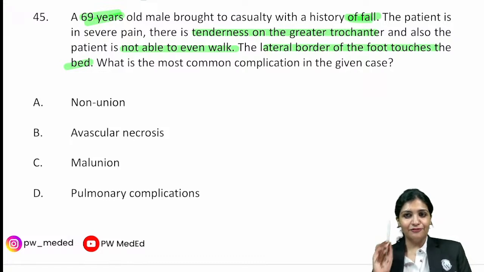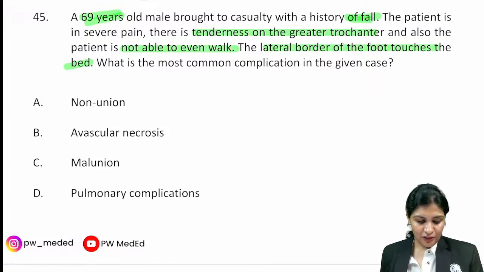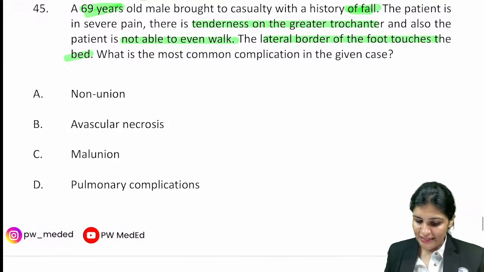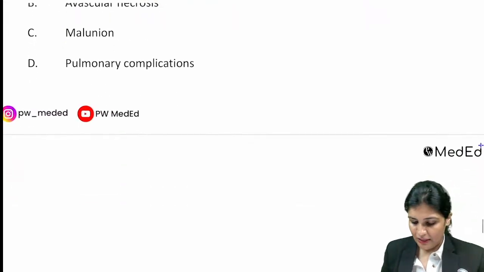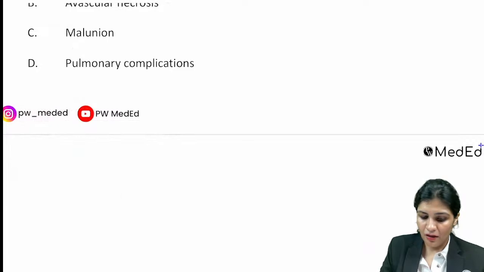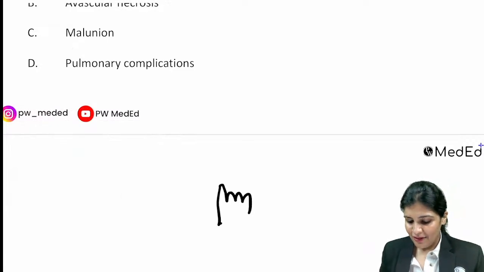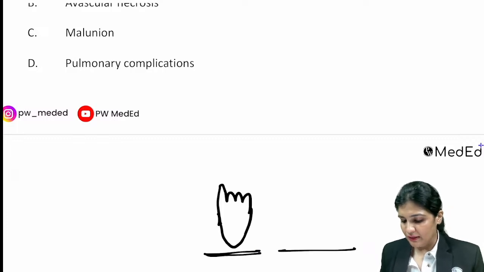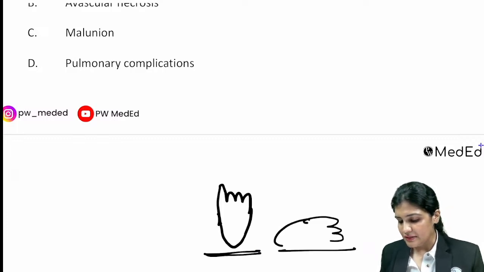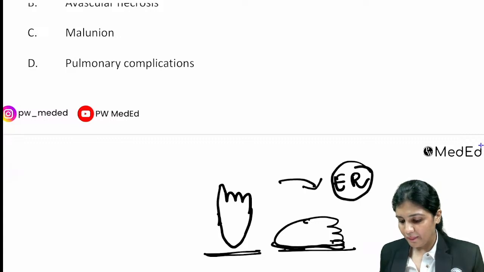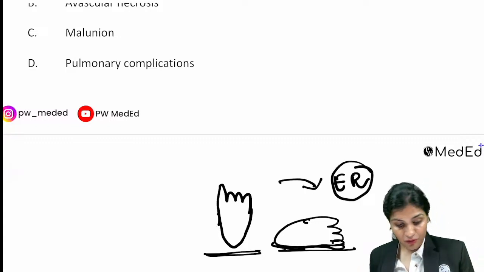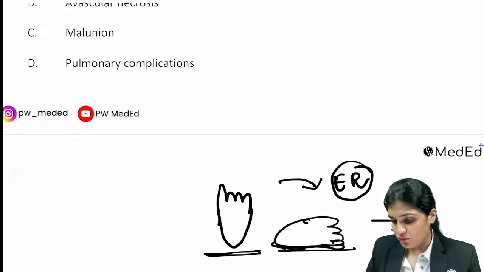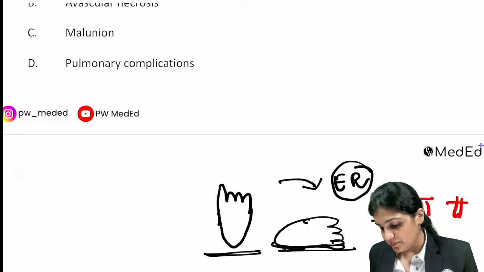If you have listened to yesterday's class, I think you will answer it with ease. We have even drawn this diagram, right? If you remember my beautiful foot diagram, this was the foot, this is the couch, and now you see the lateral end is completely touching the couch. Completely touching the couch means it is completely externally rotated. This complete external rotation is seen in case of your IT fracture, right?